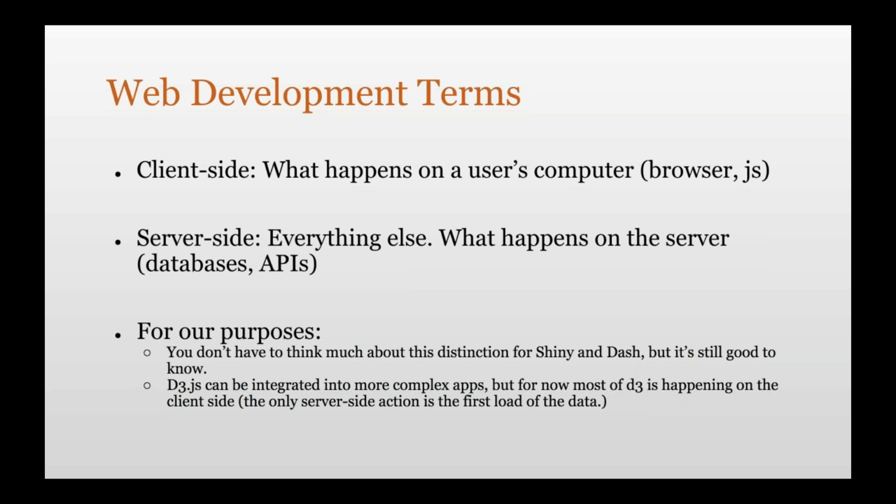But D3 is a JavaScript library. It's meant to be used by web developers, data-oriented web developers, so you need to do a lot more thinking about how the data is being parsed.